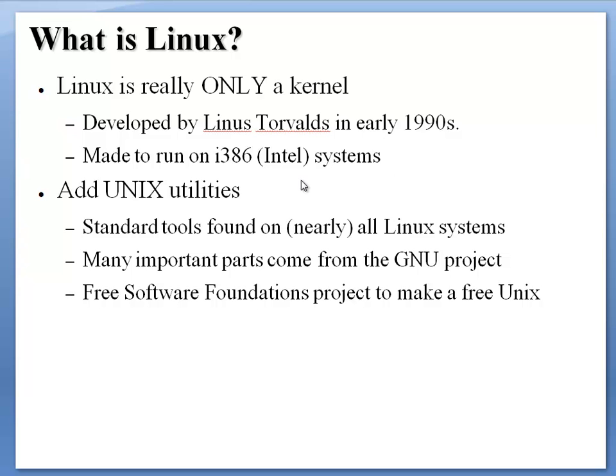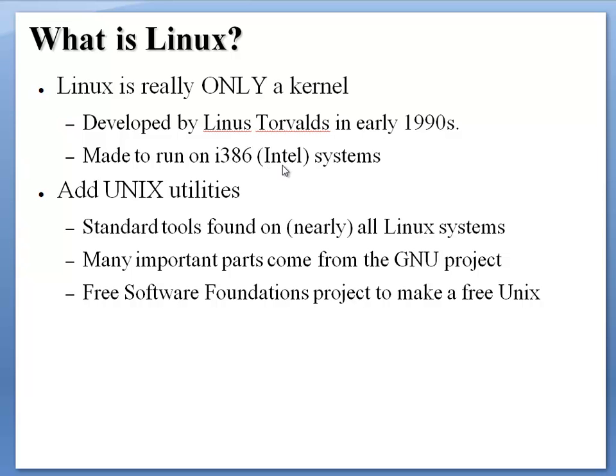So he was trying to create an operating system that would run on Intel systems that were running the i386, and I'm sure most of you in this class do not remember the i386, but that was available back in the 1990s and had limited RAM and usually a limited hard drive system.